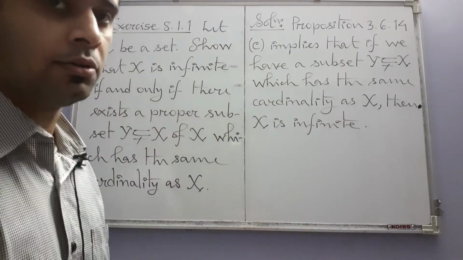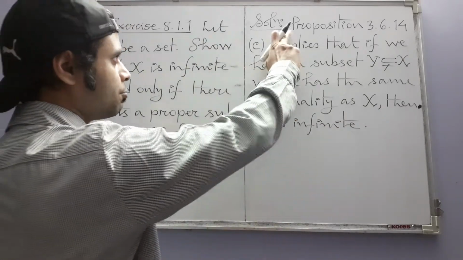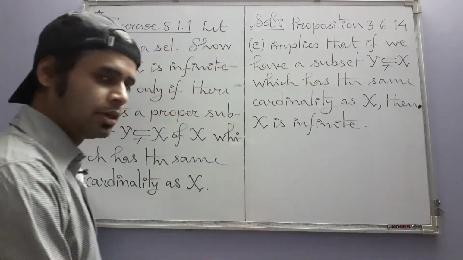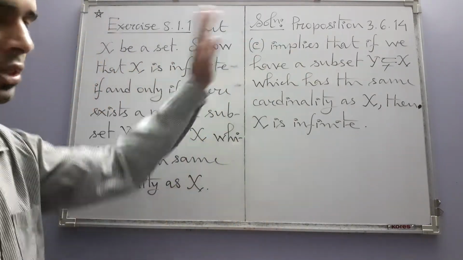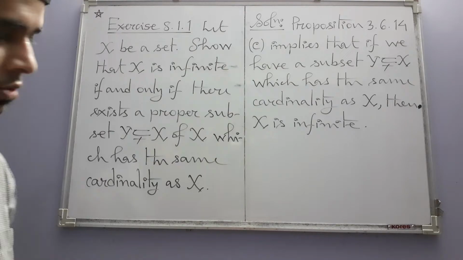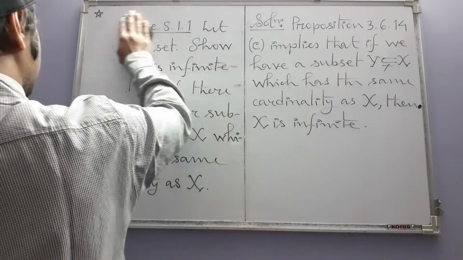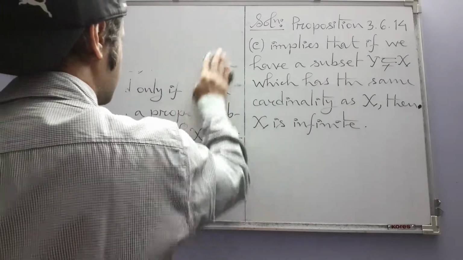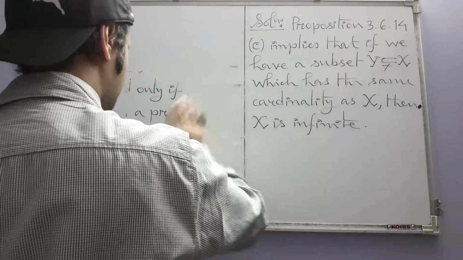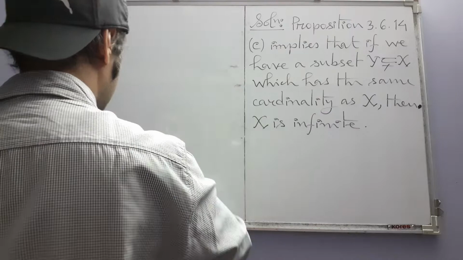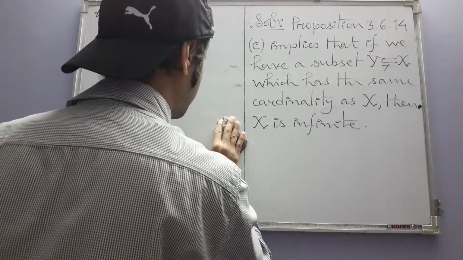But exactly how? And in fact, what was this proposition? Let's just recall the statement of this part. We only need a portion of the statement, in fact only a portion of the part C for this conclusion.